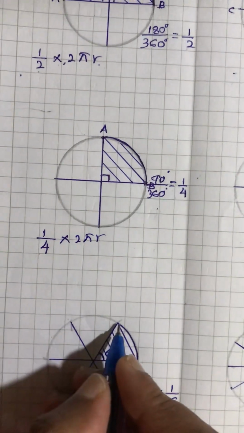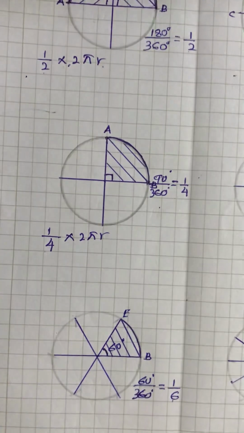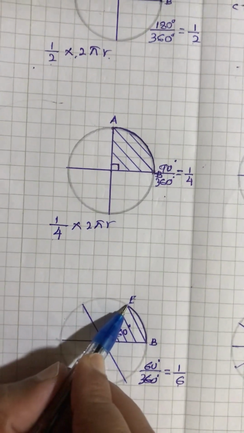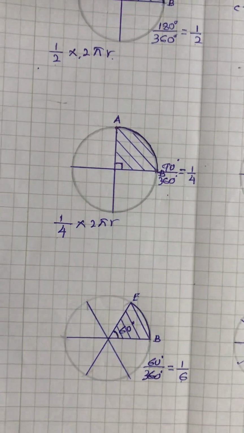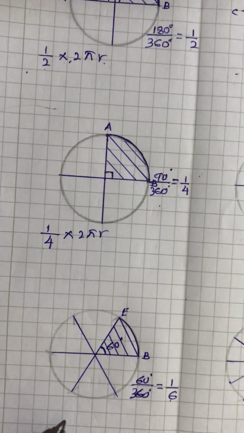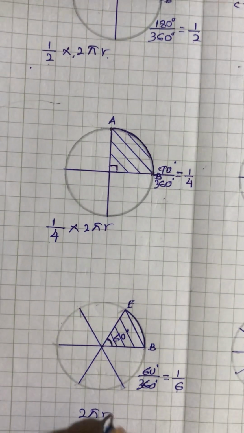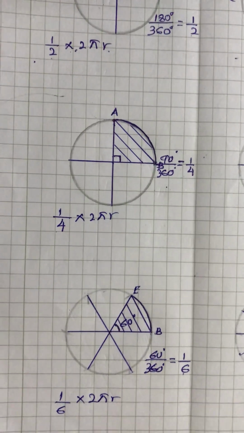So to find the length of the road from E to B, you need to multiply the whole perimeter of the circle by 1/6.